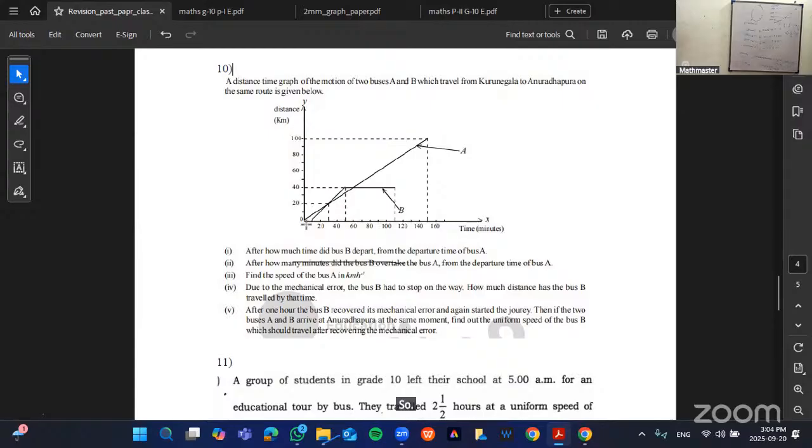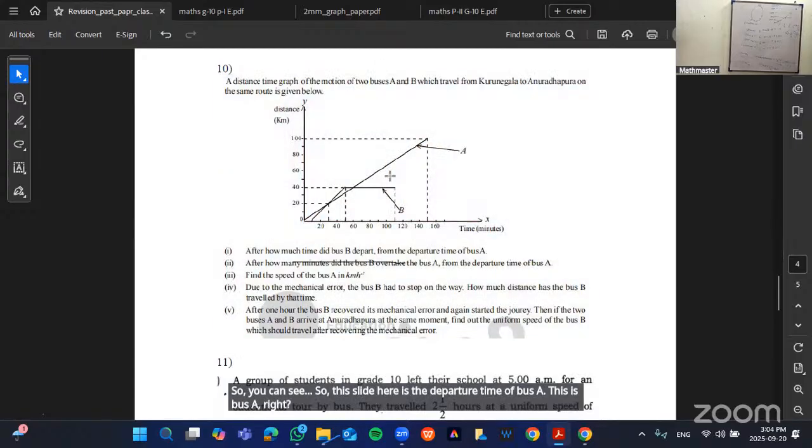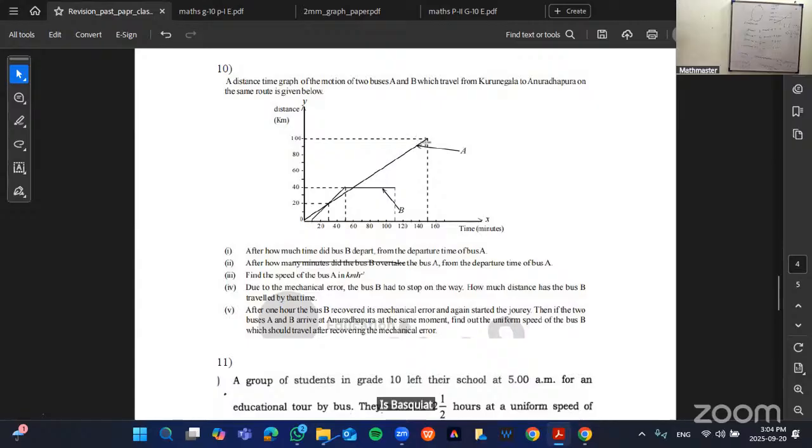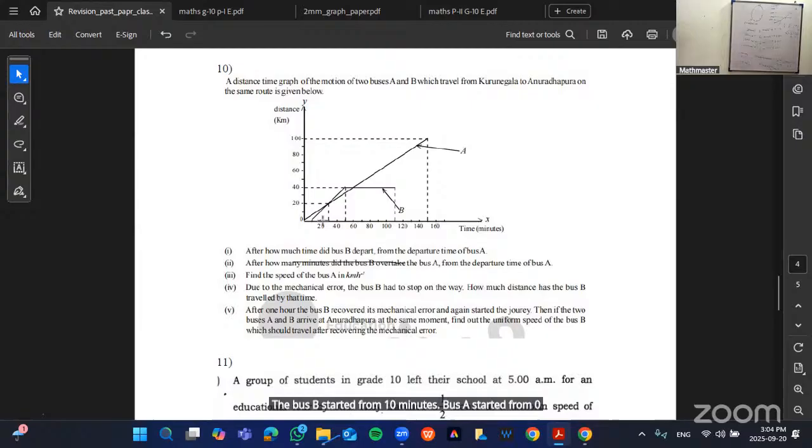You can see this line here is the departure of bus A. Bus A started from 0 minutes, but bus B started from 10 minutes.